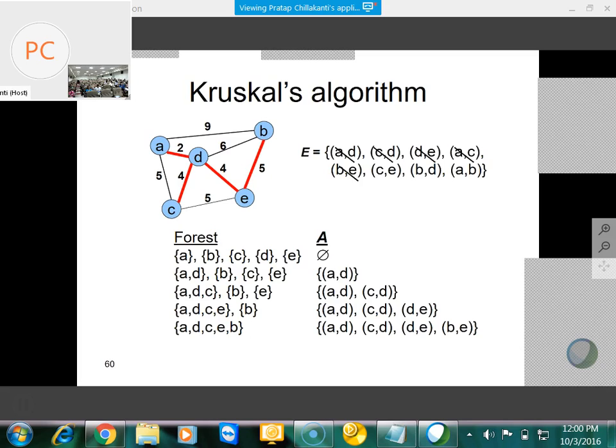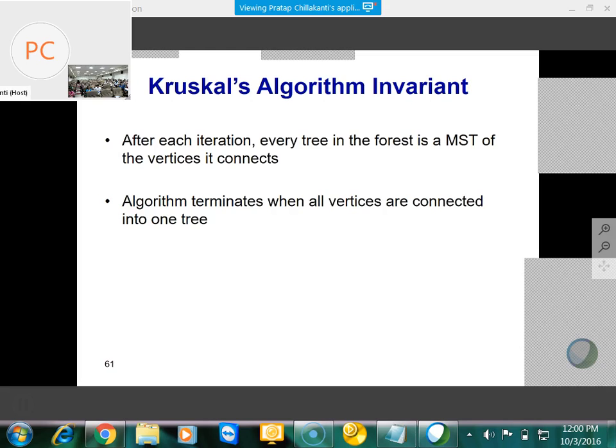You just have to do this trace yourself. I'll give time in the class after I'm done with this. In the case of Kruskal, every tree is in the forest. It is connecting the vertices, and once all vertices are connected to one tree, it stops. So slightly different approaches.